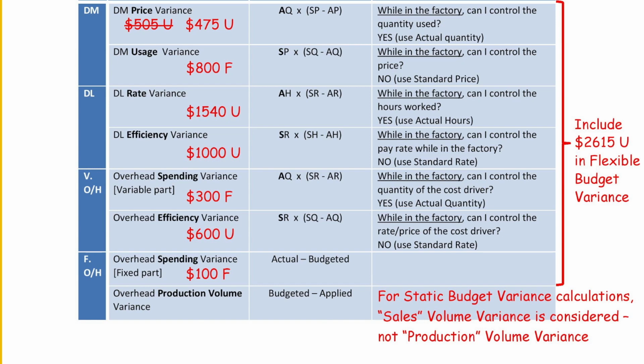So as we know, static budget variance is equal to the flexible budget variance plus the sales volume variance. Since we're looking at the variance in the income statement, we do not need to consider the production volume variance that we had calculated when we had done fixed overhead variances.